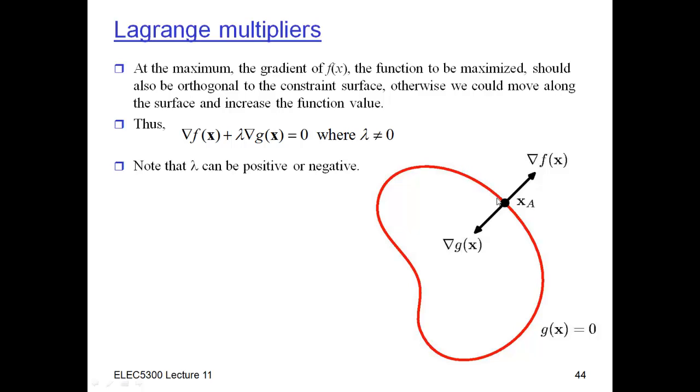So if I need to stay along this surface here, then you can kind of think about this surface here as being the level set of some function, right? So g of x could be the height above a surface, right? And so when g of x is equal to 0, this is like being at sea level.